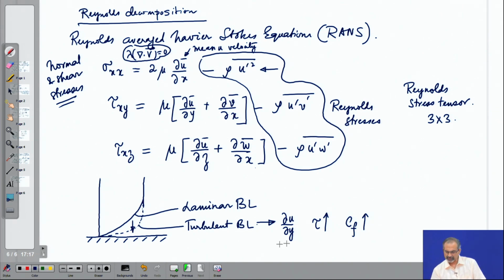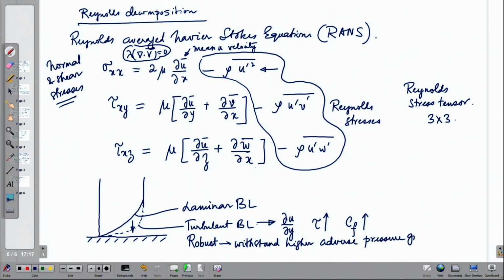But additionally, this turbulent boundary layer is more robust in the sense that it can withstand a higher adverse pressure gradient, and that is a very, very favorable property, because if it can, then it can delay flow separation.